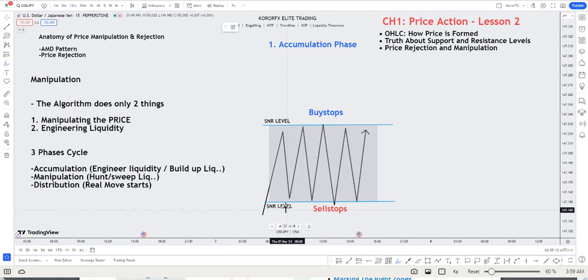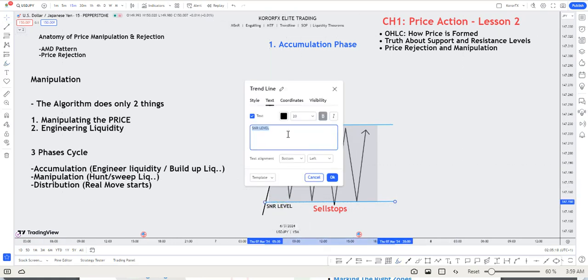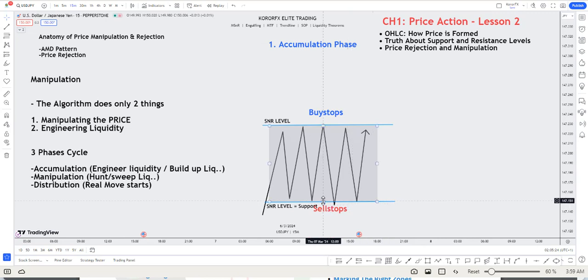When price comes to the lower SNR, it becomes a support level. On support levels, we have sell stops. Why do we have sell stops?